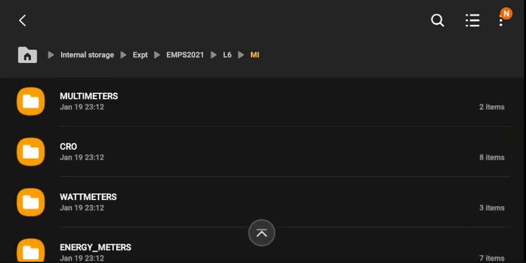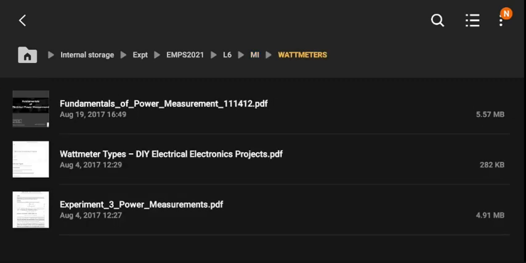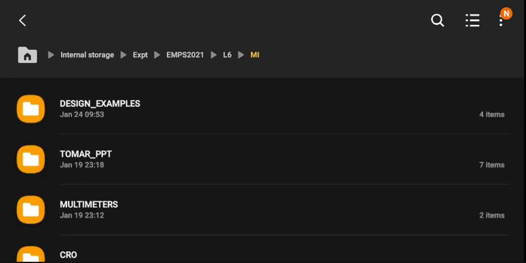Now, the real thing is wattmeters. Wattmeters essentially, let me tell you without showing you any documents. In voltmeters and ammeters, you have one coil and the attached pointer that rotates. In wattmeters, you have two coils.